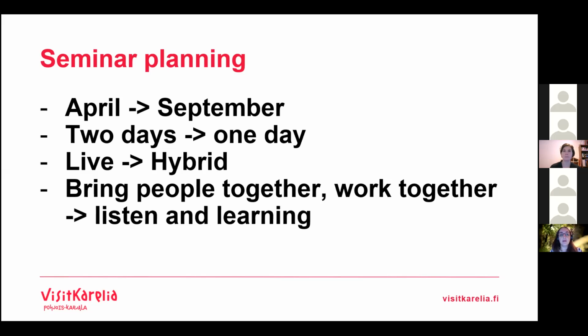So we moved the seminar from April to September. We waited as long as it was possible because we definitely wanted people to meet each other. When we realized that it would not be possible, we decided to hold a hybrid seminar in September, and we also changed it from a 2-day seminar to 1 day.